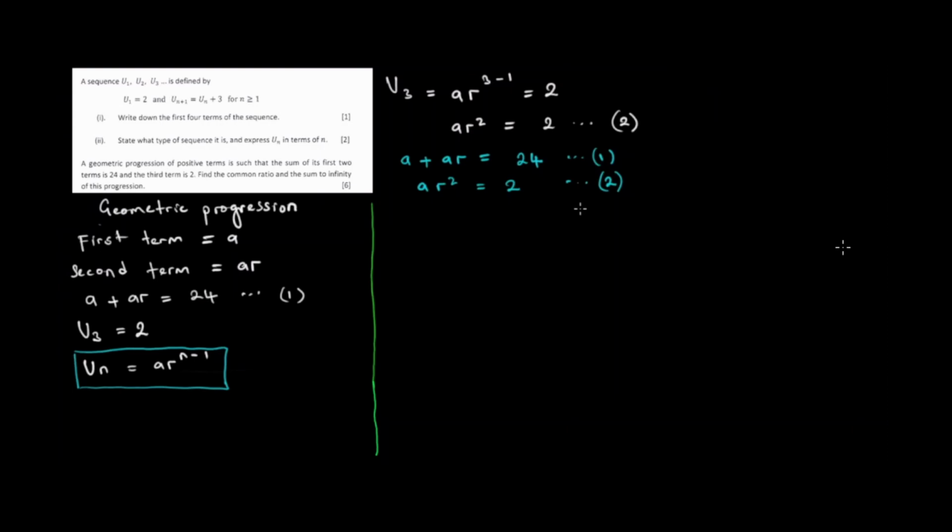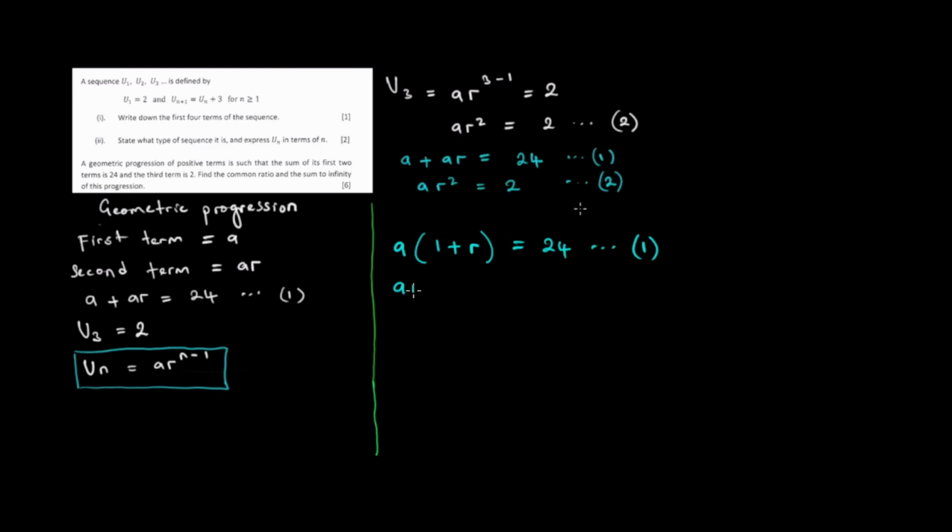Saka takatarisa ma equations atinawo ari 2. We have to simplify them a little so that we can use them properly. Saka tikatora the first equation we have, a plus ar is equal to 24. Tika factor out a, tinosara tina a(1 + r) is equal to 24, and this is just equation 1.